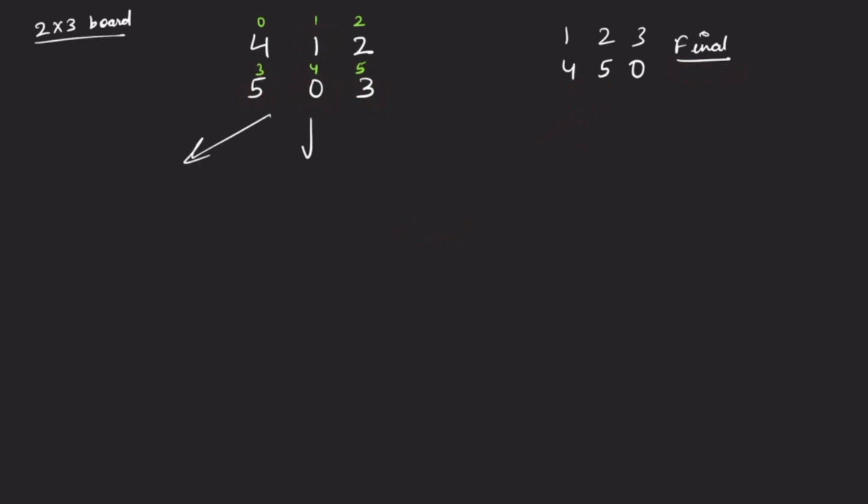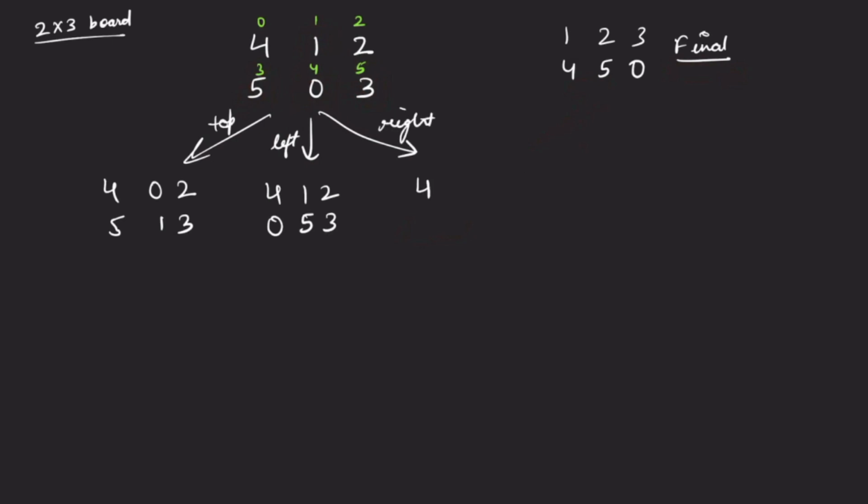So we will have 3 scenarios. When we swap 0 with the top element, that is 1, we get 4, 0, 2, 5, 1, 3. Then if we swap it with the left element, we get 4, 1, 2, 0, 5, 3. And if we swap it with the right element, we get 4, 1, 2, 5, 3, 0. Right? This is what you get.